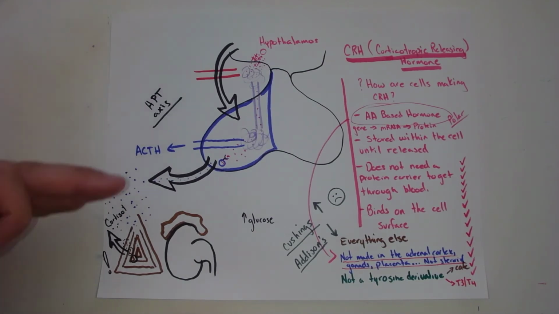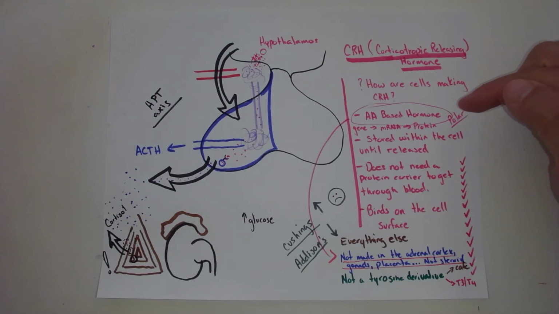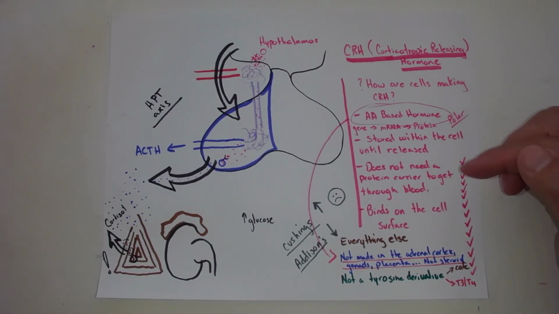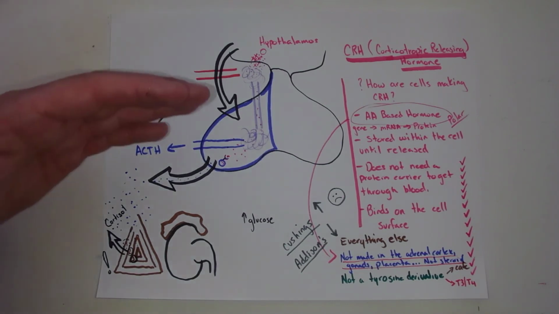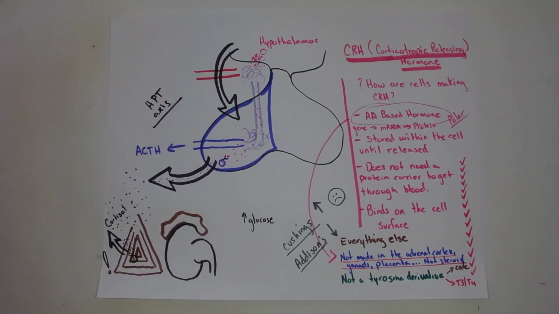I'll go over feedback mechanisms. I'll go over how amino acid-based hormones are made and how they bind to and affect cells, likewise for steroid-based. But that's an example of how I use chemical class to begin thinking my way through a hormone. Many more examples to come.